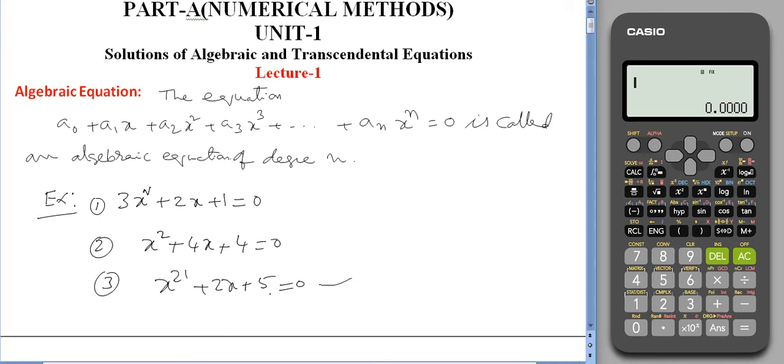Another very important point you should know: if f of x equals 0, where the left hand side is entirely called f of x, is an algebraic equation of degree n, then this equation has n roots. Some of the roots may be equal, some unequal, some complex, whatever it may be.